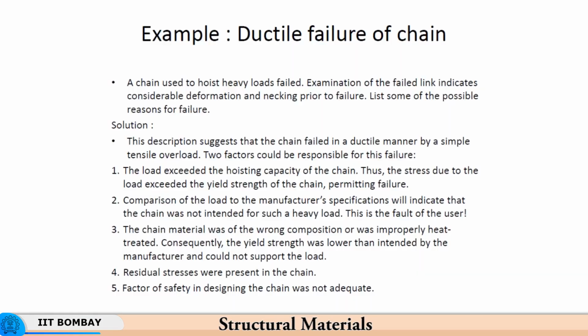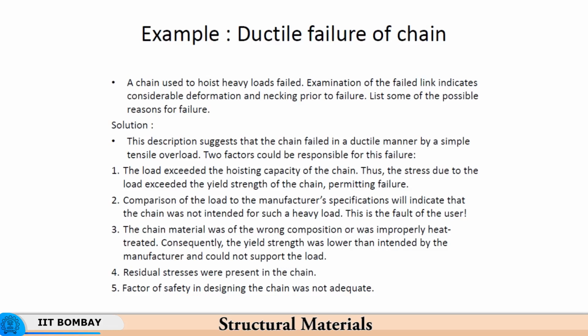What it means is that the chain did have the strength by and large, but there were some weak spots left behind due to local heat treatment, meaning the heat treatment not having been uniform all over, and some local soft spots were left behind which were not capable of carrying that load. So even if the user had loaded the hoist to its rated load, still the chain broke.